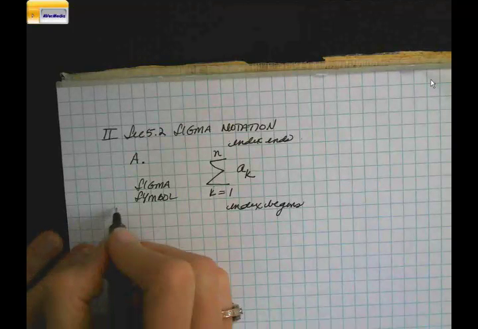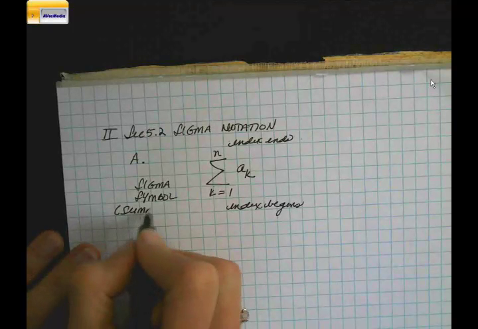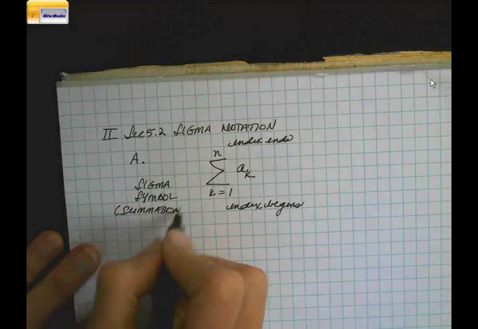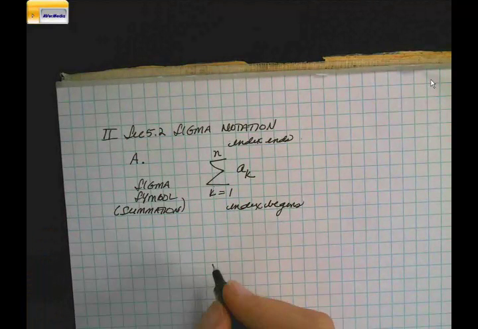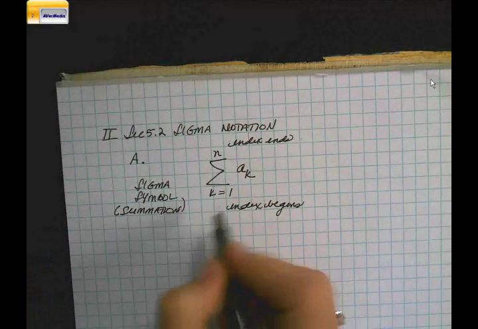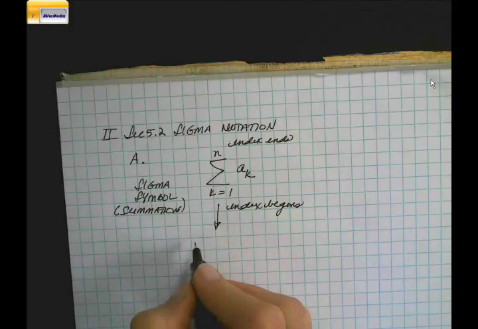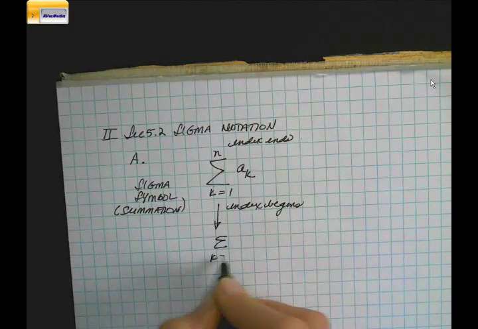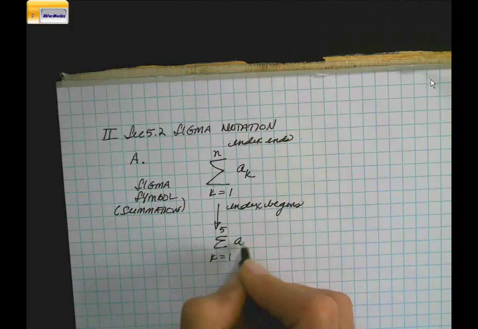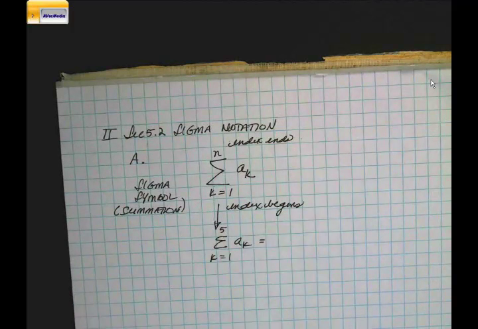So this sigma symbol is also referred to as summation, which means you're going to sum some terms, meaning you're going to add some terms together. And so let me show you what this really turns out to equal. What this equals is, if you had an example where you had sigma of k equaling 1 to 5 of a sub k, this is equal to a sum.